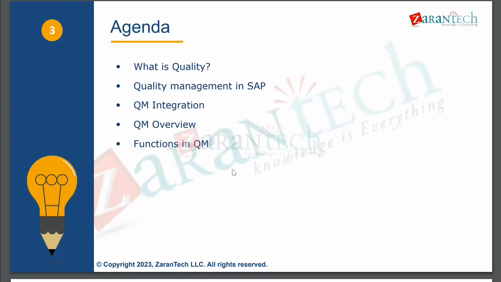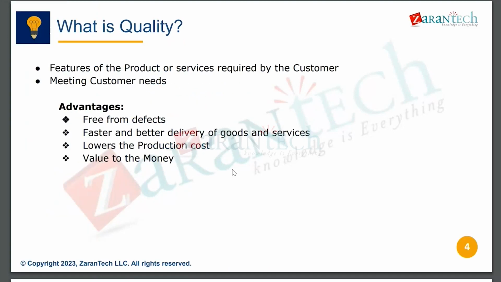See, first thing, in simple terminology, quality is the features of the product and services required by the customer. The main thing is customer needs and customer satisfaction. If the customer is satisfied by a product, the organization gets more demand from customers, and based on that their sales and revenue will increase.